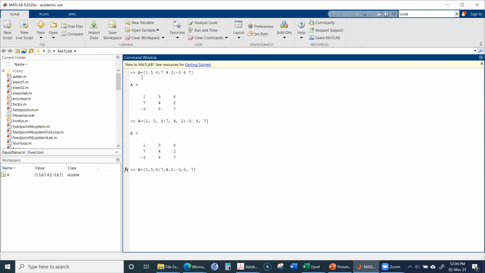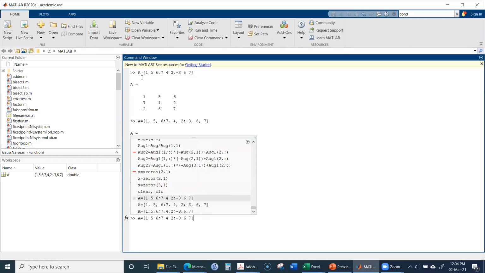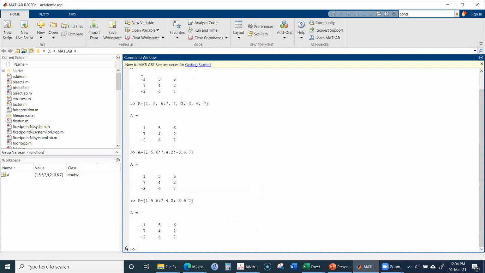So comma, and then without any space, it's the same. But normally what I do is I use it like this, with space and then semicolon, and like that.